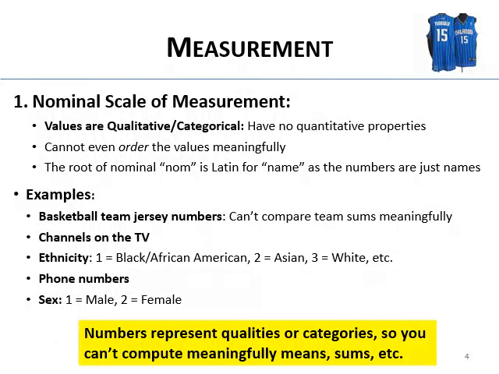You can't compute meaningful means or sums or anything like that. And we use these a lot because we do study things that are categorical in nature, qualitative, in our research. So you're going to have to get used to nominal variables where we don't actually type in male or female. We use one or two, something like that.